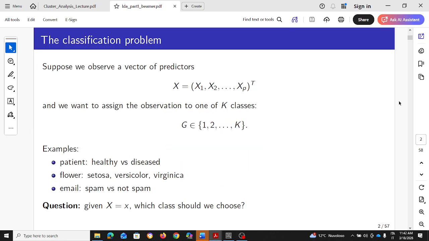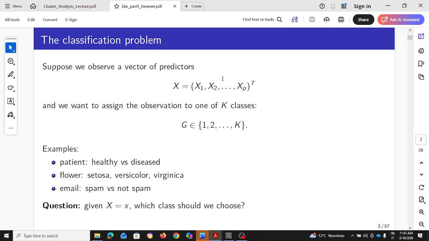So, we have the classification problem now. Suppose we observe a vector of predictors, x equal to x1 to xp, and we want to assign these points to some group, to some class.